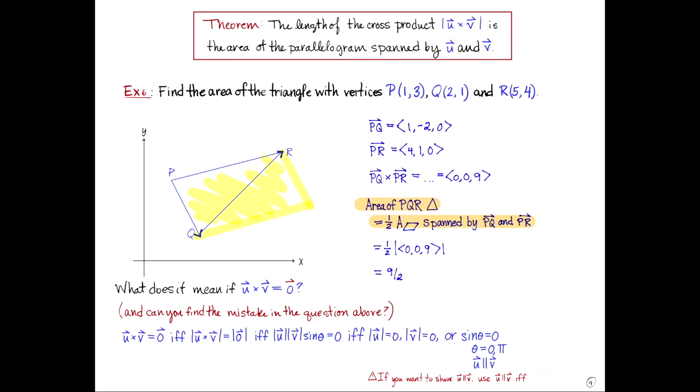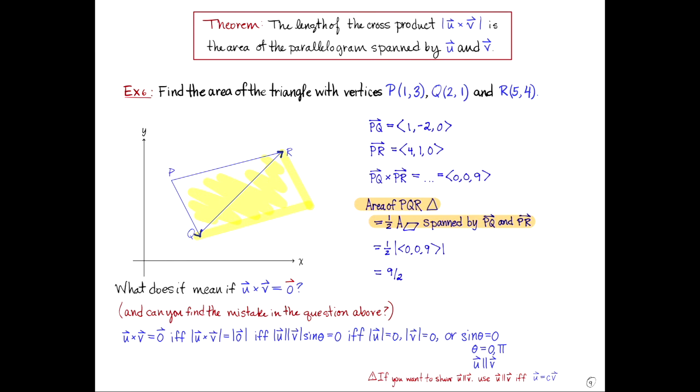This is an interesting consequence of the cross product. It should not be used to determine if 2 vectors are parallel. If you want to show that U and V are parallel, we know that 2 vectors are parallel if and only if one vector is a scalar multiple of the other vector.